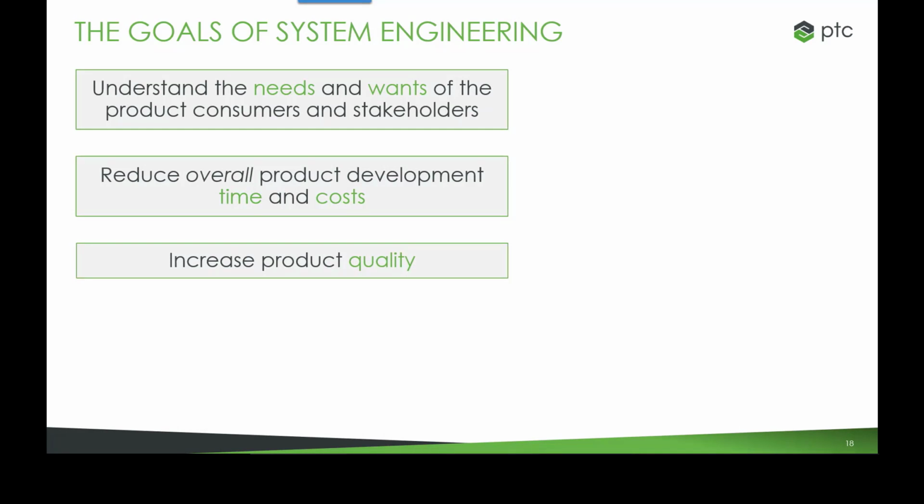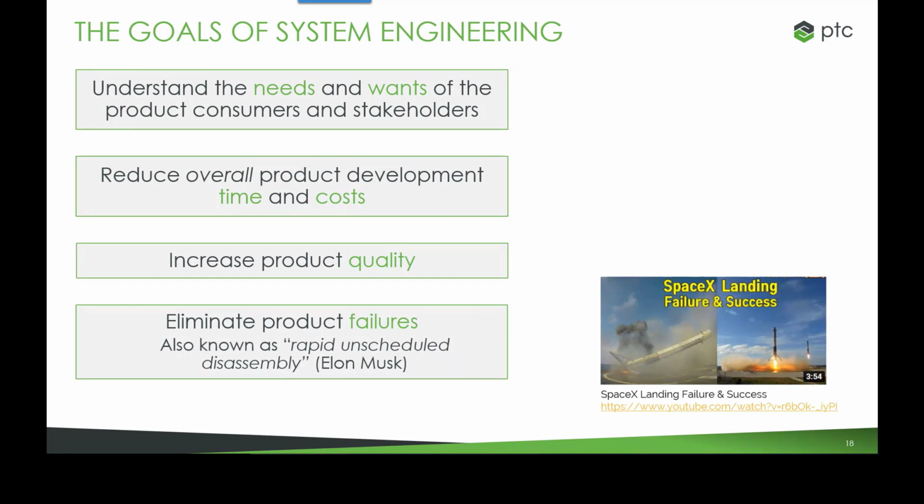Increasing product quality: understanding what the product must do, and then delivering the capabilities so that they deliver those functions and that behavior without failure. And really what we want is to eliminate product failures altogether, also known as "rapid unscheduled disassembly" from Elon Musk. And I think he coined that when he was testing the SpaceX landing craft.